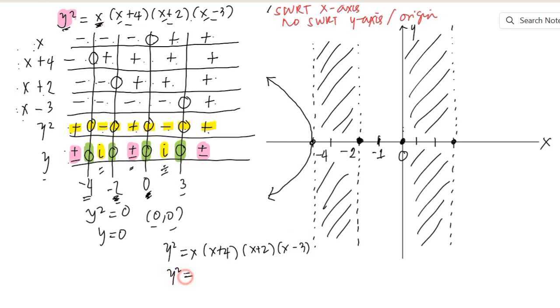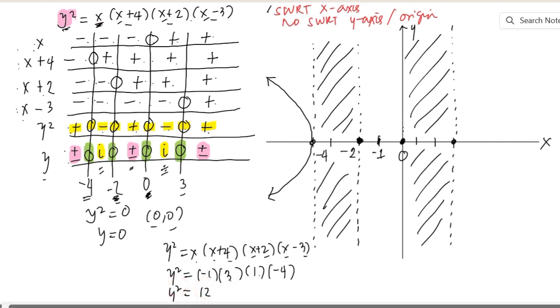So we have here y squared is equal to -1 times (-1 plus 4), so that would be +3, and (-1 plus 2), so that would be +1, and (-1 minus 3), that would be -4. So we have -1 times 3 times 1 times -4, so that would be +12. And this is y squared.